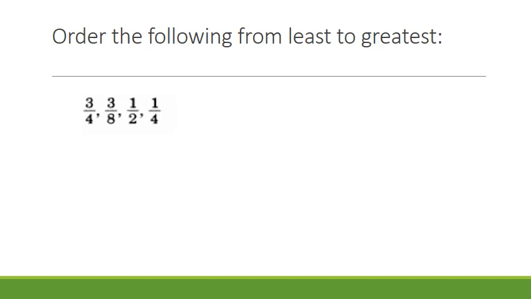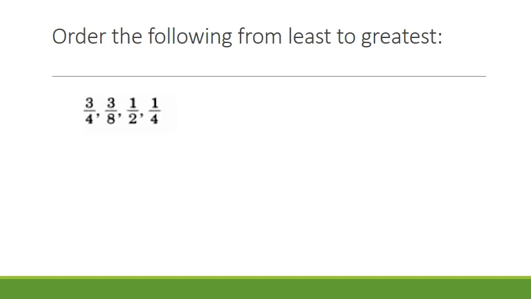In this part, I need to order the fractions from the least to the greatest. Just a quick hint that they need to have the same denominator or the same numerator in order to compare or order them. But I can only make the same denominator, as we learned. If I look at the denominators, I have 4, 8, 2, and 4.